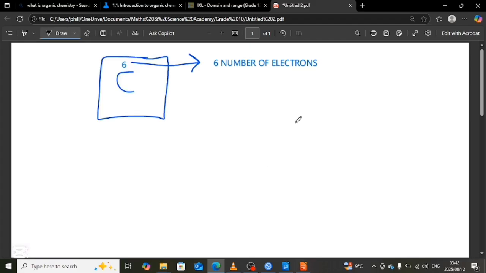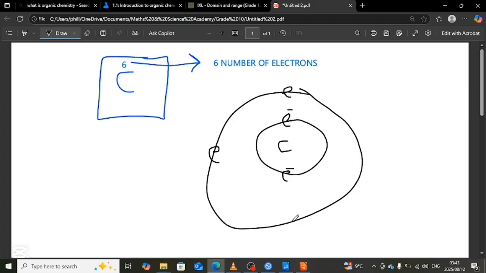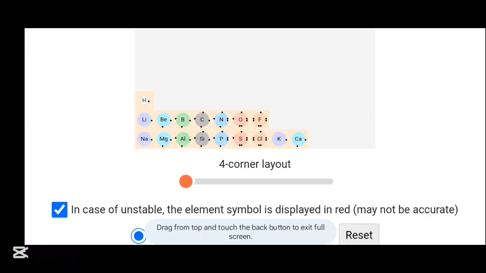We're going to draw the first shell. The first shell is filled by 2 electrons, the second shell is filled by 8. But this time we only have 6 electrons in a carbon element. So in this case, carbon will have 4 valence electrons or 4 outer electrons.